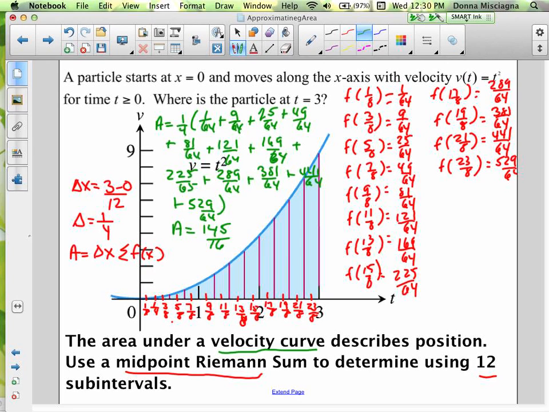T is 3, so let's say T is in seconds, and maybe V of T is in meters per second. So our velocity is in meters per second. Our position would be in meters.